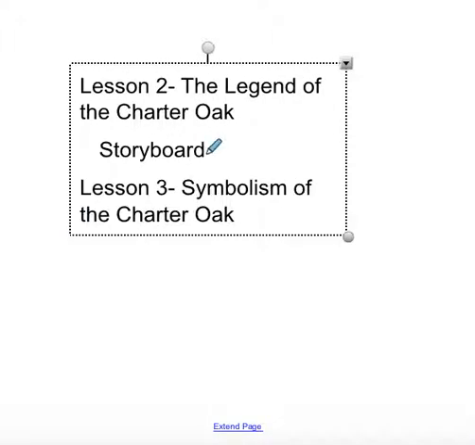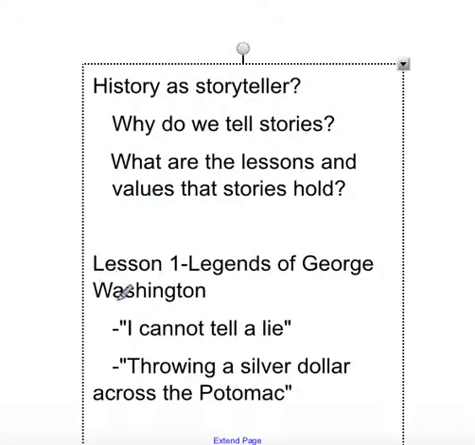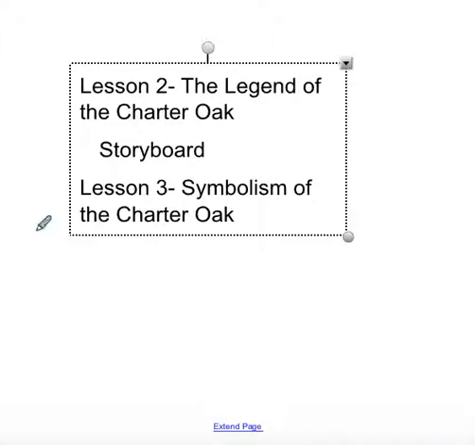So lesson 2, even though there's going to be a couple of days in lesson 1, of course, there's fewer lessons in this portion of the unit, which is good because we don't have as much time. And we're going to be looking at the legend of the Charter Oak and having the kids construct a storyboard of the story so that we know they know the chronology of the story.